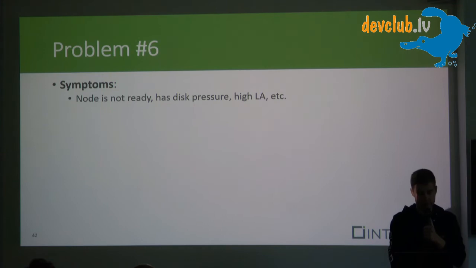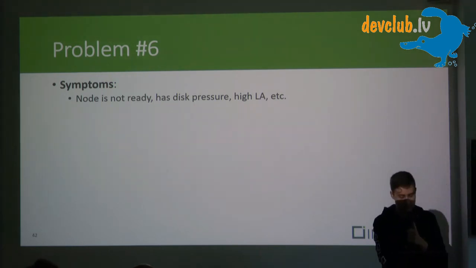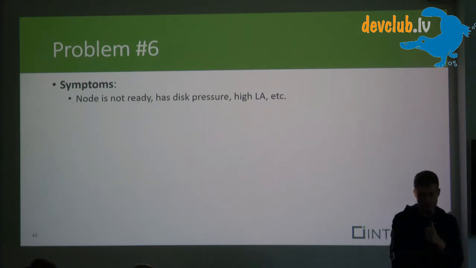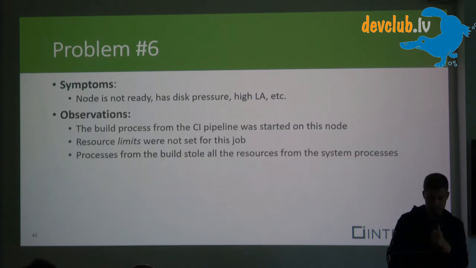One day, we saw that one of our nodes was not ready. It was not doing anything, kind of. It had a really high load average, and it was completely overloaded. It was not even possible to connect to it with SSH.